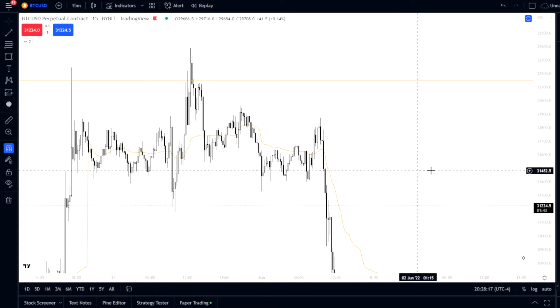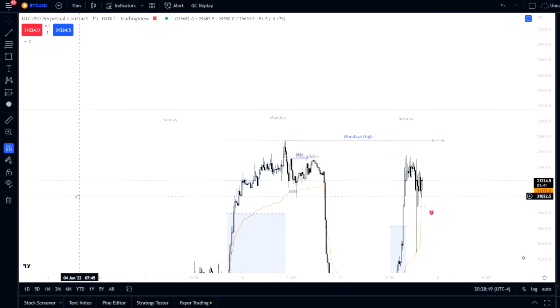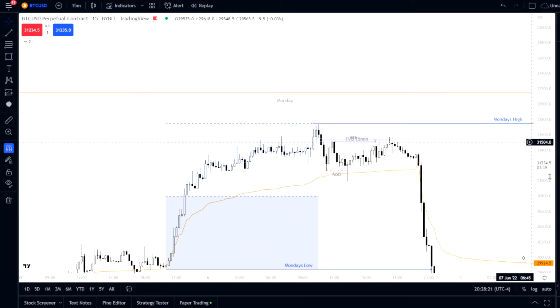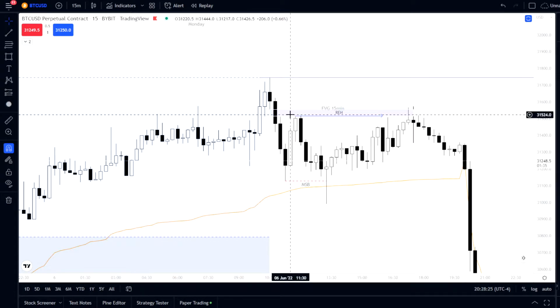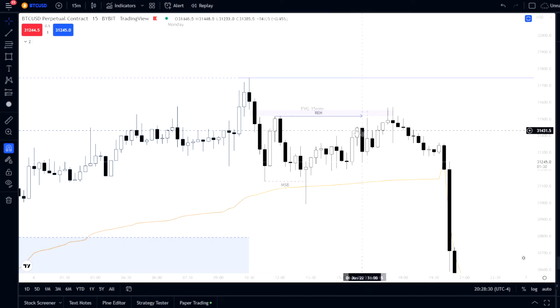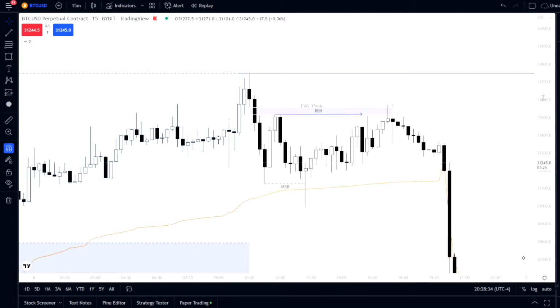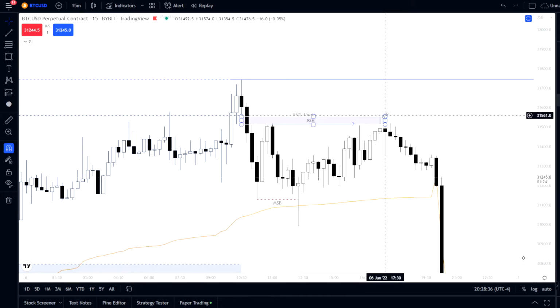Sorry, wrong place. There we go. Okay, so there's your fair value gap. Right, so you take buy side liquidity above these relatively equal highs into the fair value gap, and you set the stage for the move down.